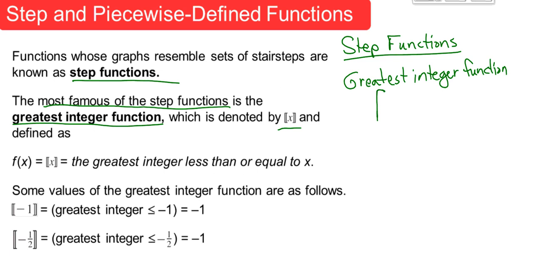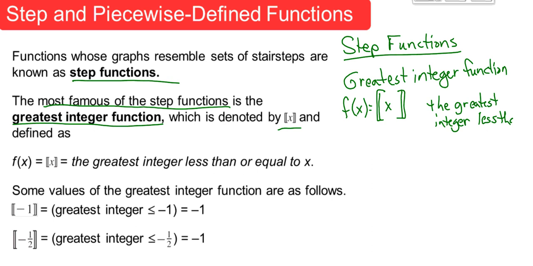And it is denoted by this double bracket with an x inside. f of x equals, and that is defined as the greatest integer less than or equal to x.